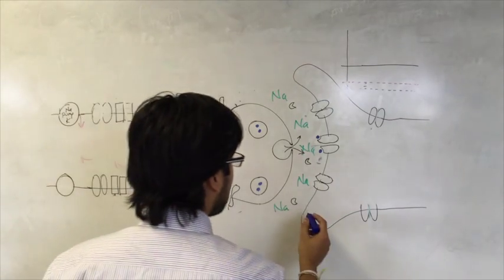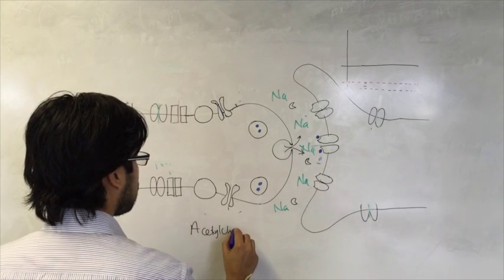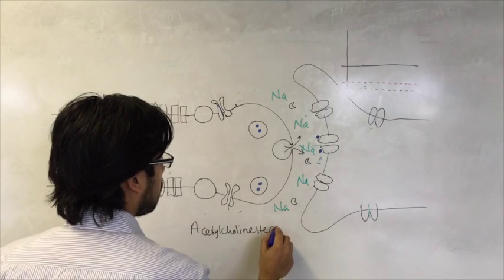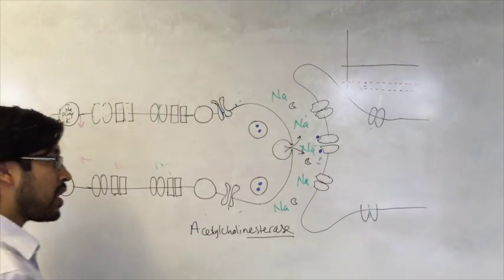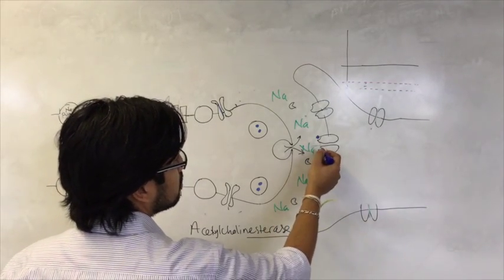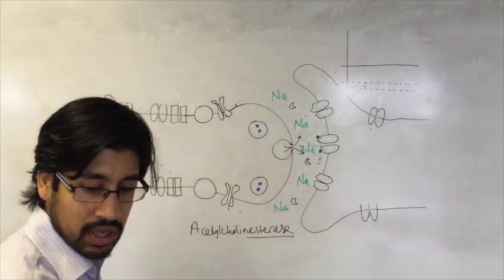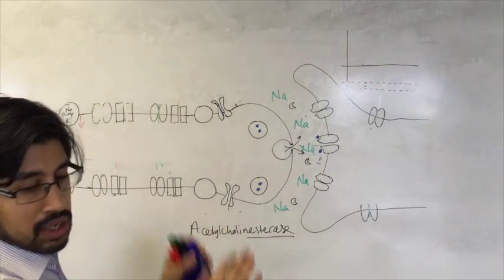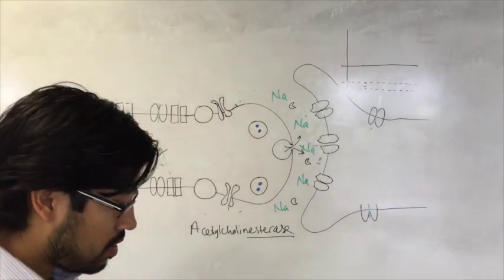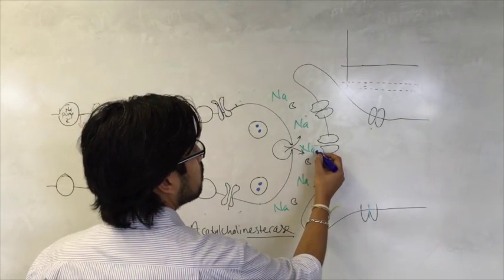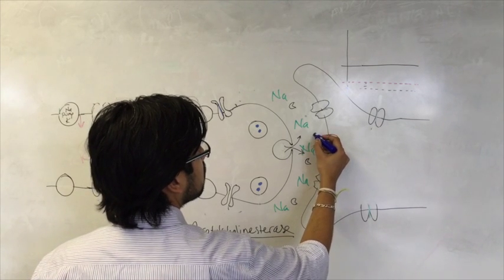Now that enzyme is called, rather conveniently, acetylcholine esterase. Okay? And what it does is it cleaves the acetylcholine that's bound to the receptors, breaks it in two, and it's then no longer in the shape that's needed to bind the receptor.